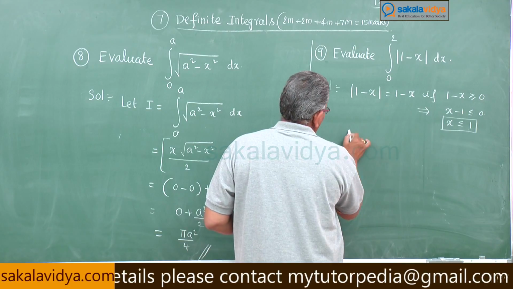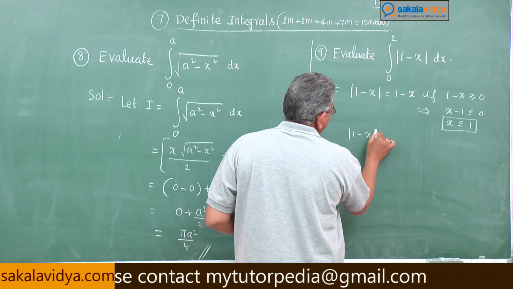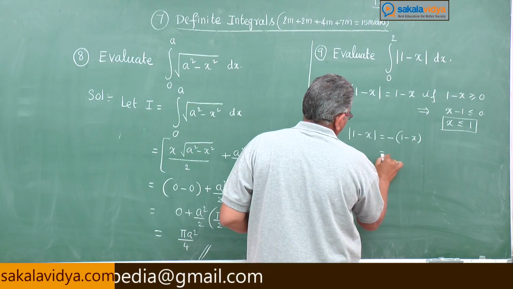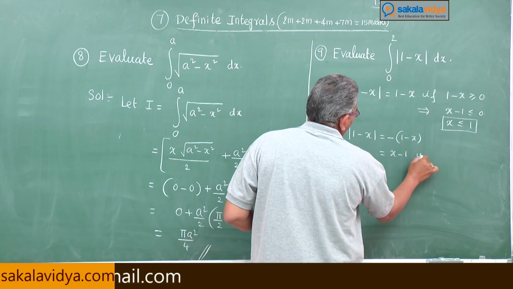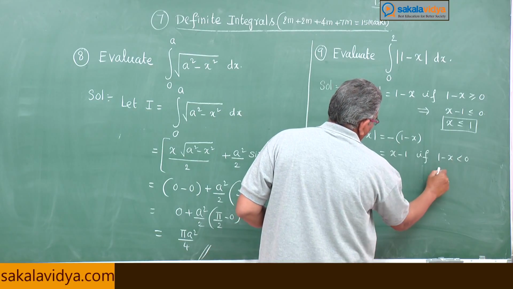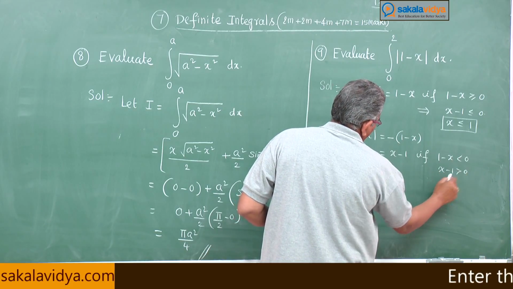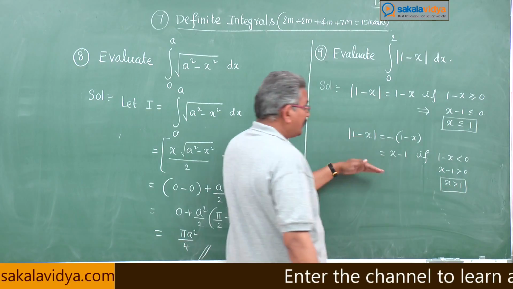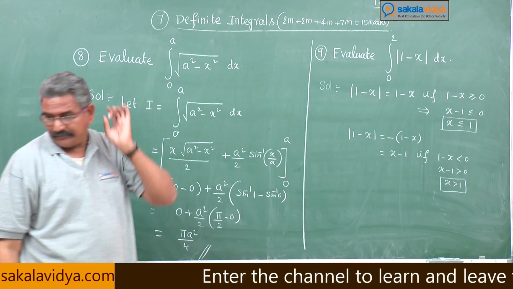Mod of 1 minus x is equal to minus of 1 minus x, or we can say x minus 1, provided 1 minus x is less than 0, x minus 1 is greater than 0, x greater than 1. So, these two conditions are very important.